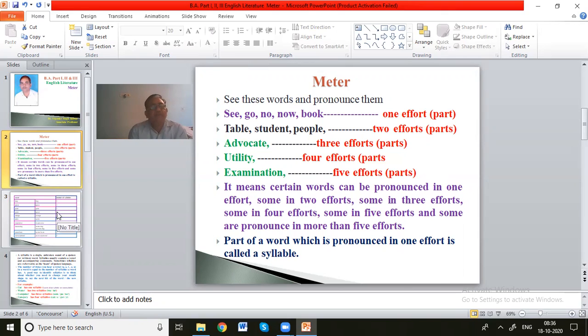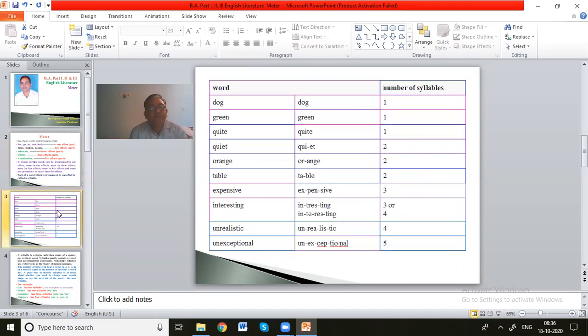Let us make it more clear by a table. There are certain words and the number of syllables they consist of. Dog, one effort, one syllable. Green, one syllable. White, one syllable. Quiet, two syllables. Orange, two syllables. Table, two syllables. Expensive, three syllables.